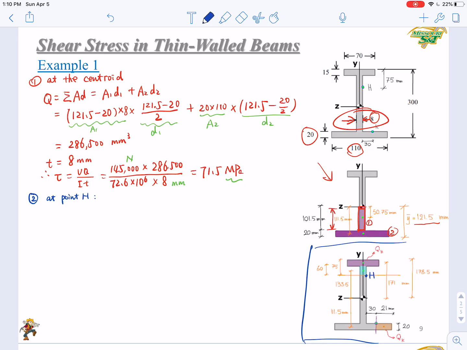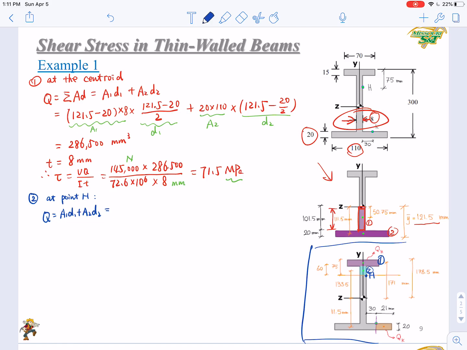If you cut it, you get an area above point H. It's a T-shaped beam, a T-shaped area. So again, you need to divide it into two sub areas, area 1 and area 2. Again, the Q will be calculated as A1 D1 plus A2 D2.